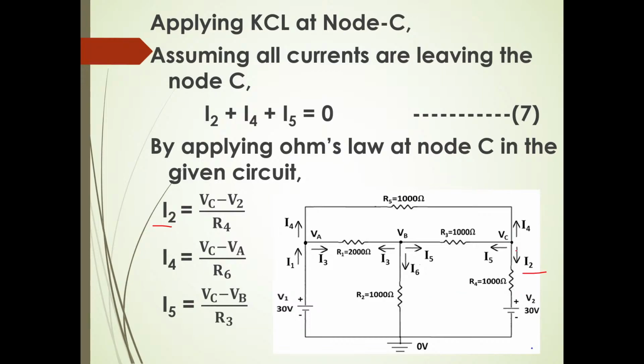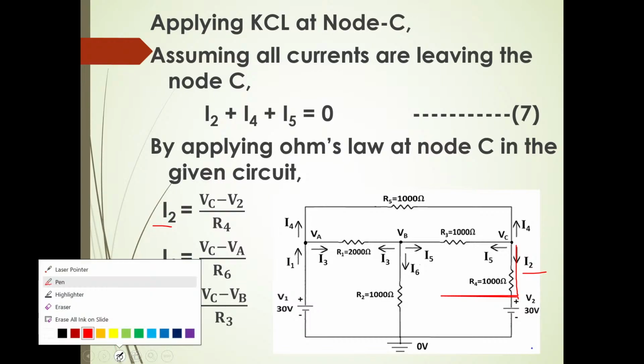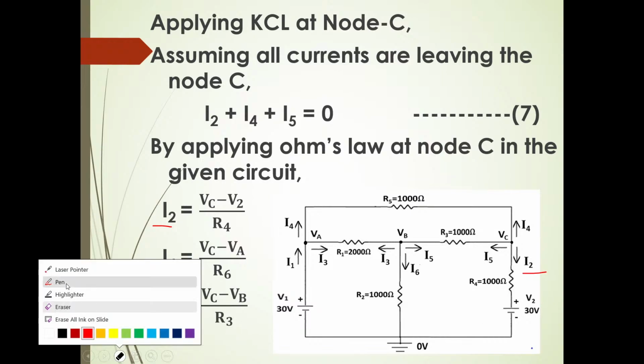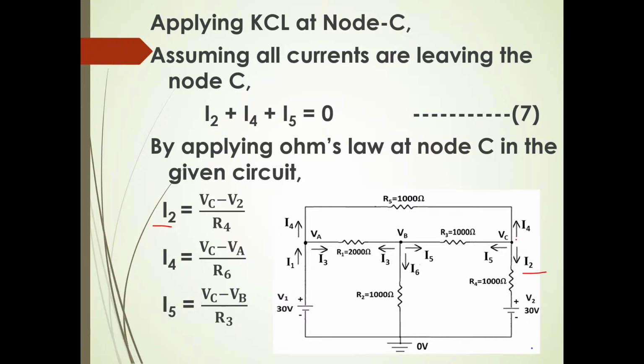I2 is traveling from where according to this diagram? I2 is traveling from VC to V2. Isn't it? I2 current is traveling from VC, node C. Okay, VC is the node voltage. From node C to V2. What is the resistor through which this I2 current flows?